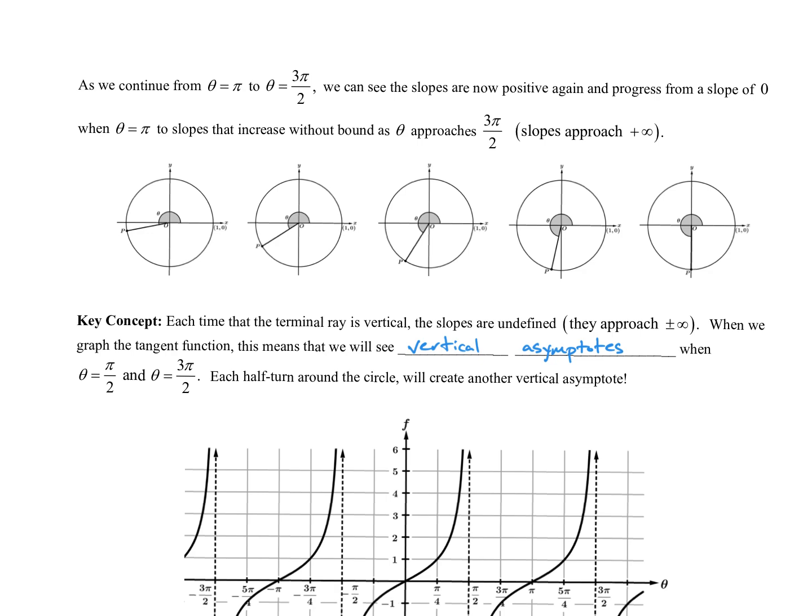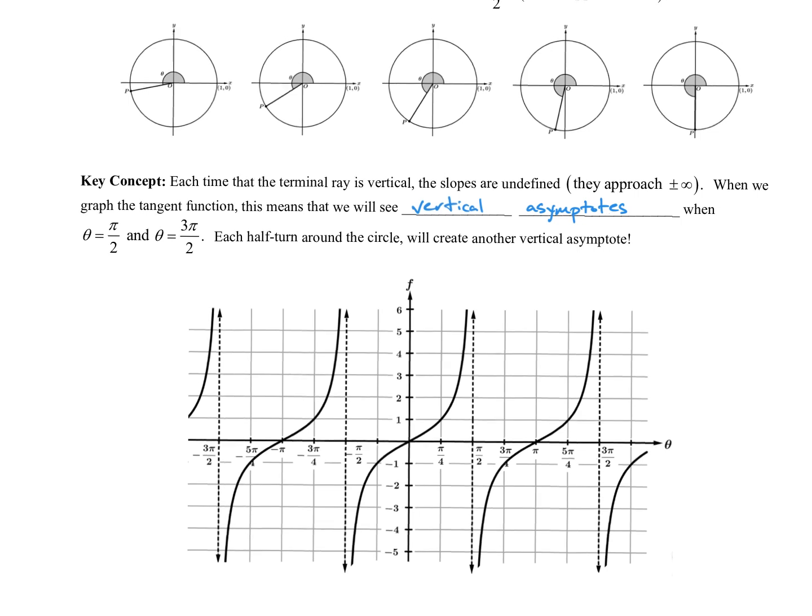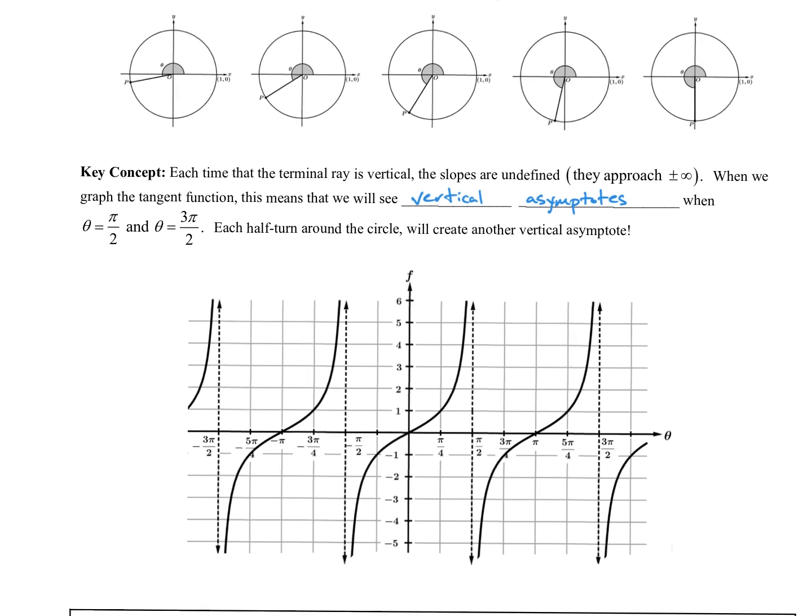Each half turn around the circle will create another vertical asymptote. All right, fantastic. So you have vertical asymptotes at pi over 2 and at 3 pi over 2, yes? And then every one after that, okay? Because it's a cycle. Now, we've already talked about why they are positive infinity or negative infinity and so forth. We talked about that as part of our unit circle.